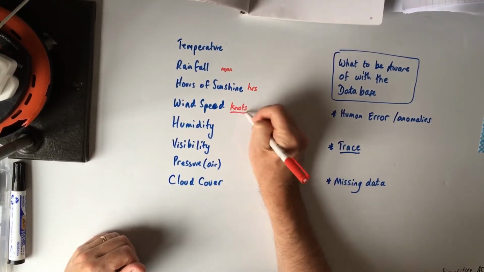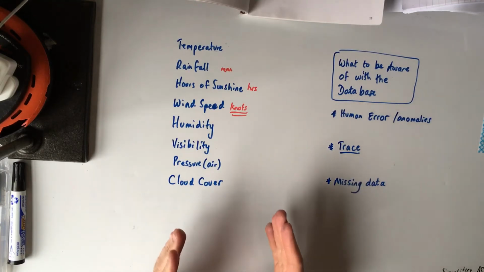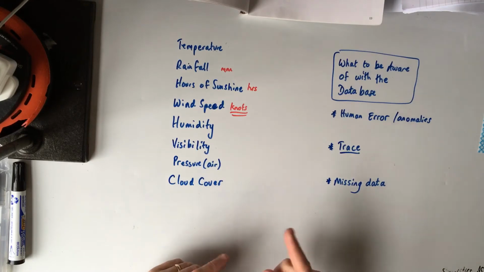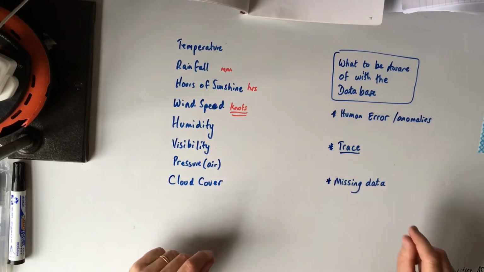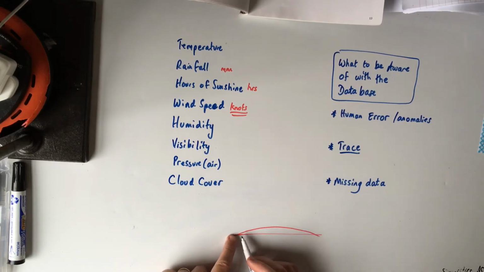If you don't know what knots are, they're like miles per hour. They're almost similar to miles per hour, but a knot is a bit more. A knot is a nautical distance. I think it's to do with, there's a straight line, but because of the curvature of the Earth, this might not be true, but that's what I always understood it. Because of the curvature of the Earth, a mile horizontally is actually a little bit further.